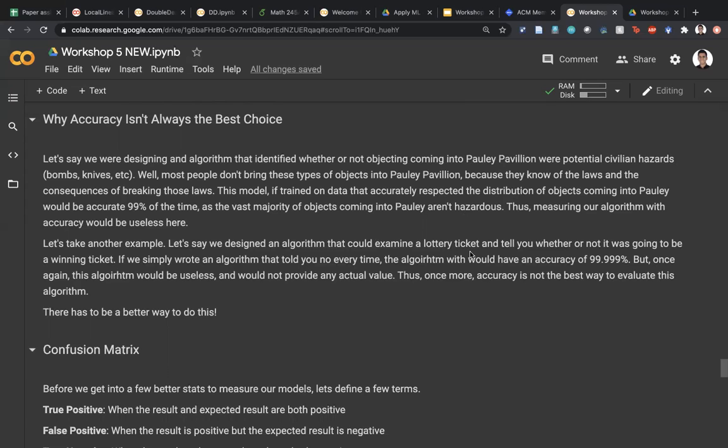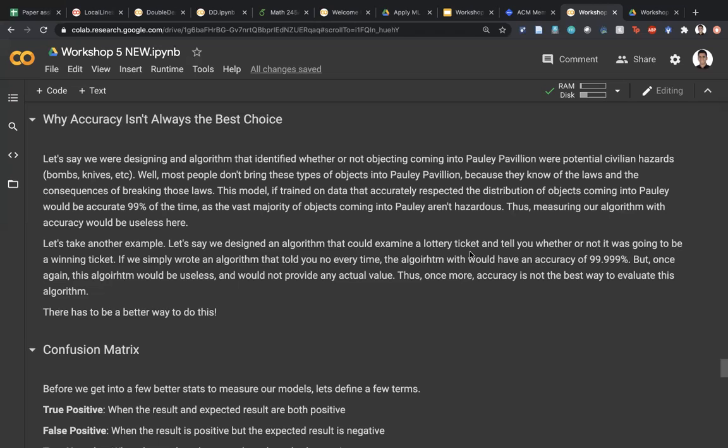That algorithm would have an accuracy of 99.9999%, because lottery winners are really, really rare. I think you have less than a 100,000th chance of winning a lottery or something like that. So even if the algorithm guessed no every time, it'd have a very, very high accuracy.